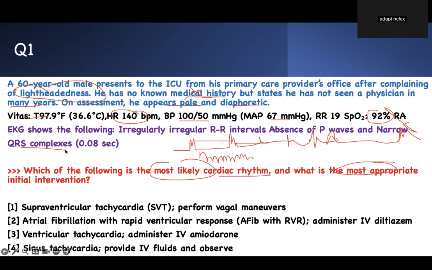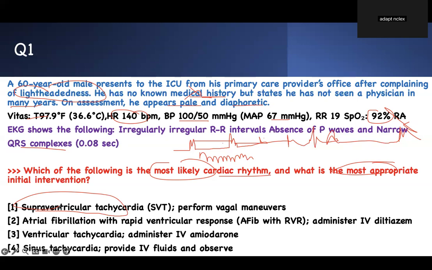What do you think? It's a 60-year-old, no medical problem, but he's tachy to 140, and he has an irregular rhythm with no P wave and narrow complex. This is classic what? Atrial fibrillation, right? Supraventricular tachycardia is wrong. Why? Supraventricular tachycardia is from the what?